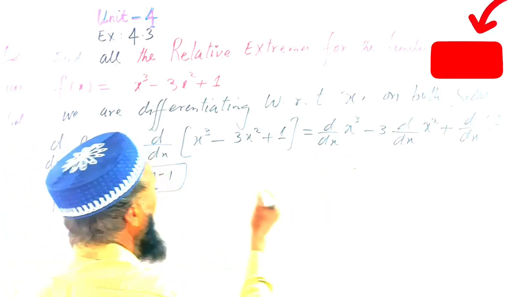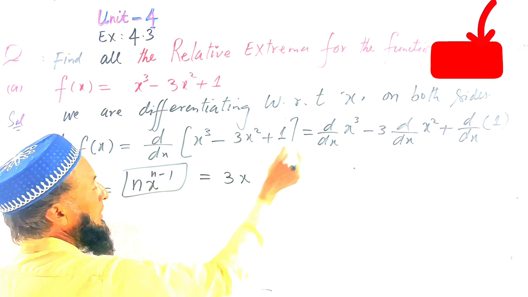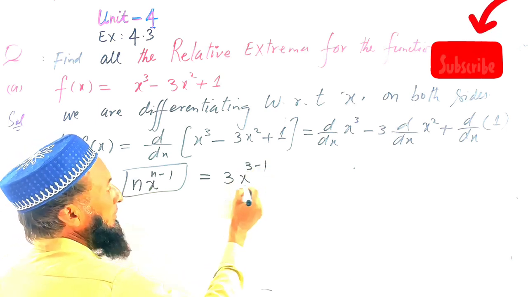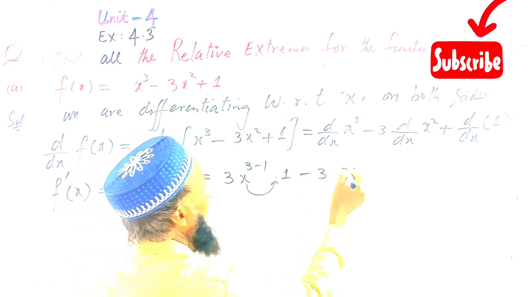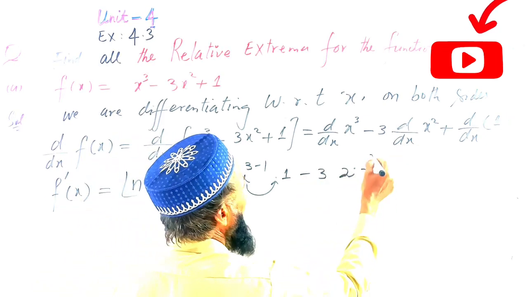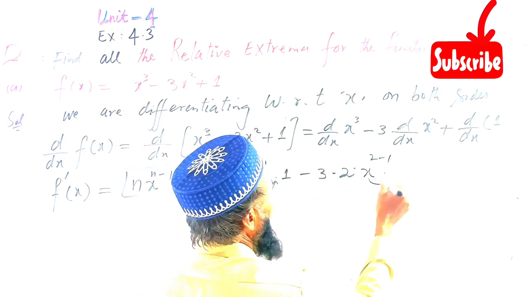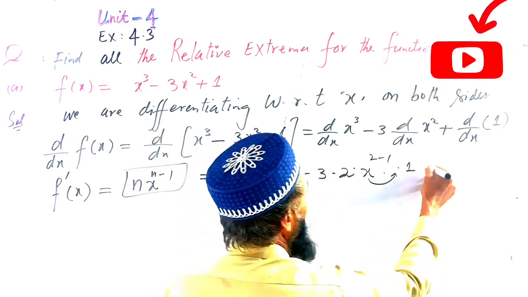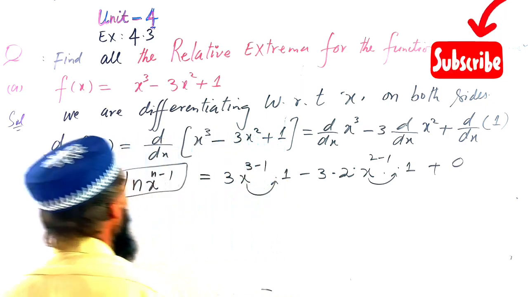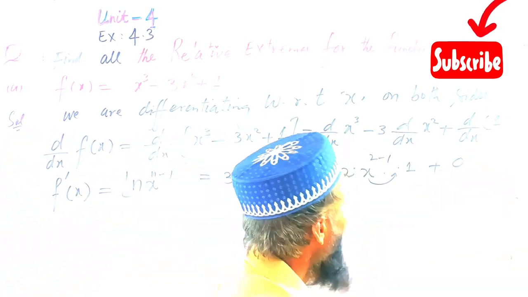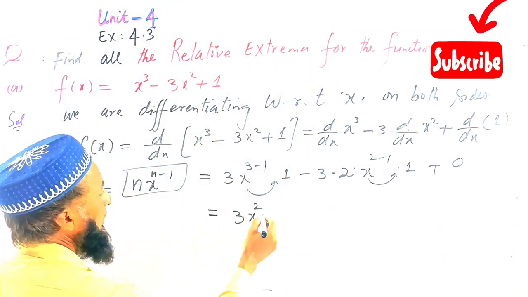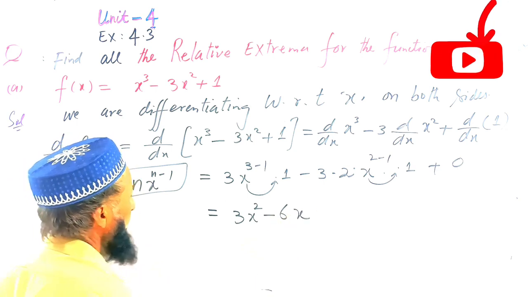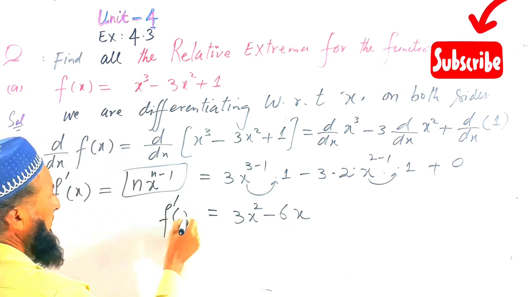Applying this rule, the derivative of x cube is 3x square, 3 minus 1. And for the derivative of this term, we get minus 3, here 2 is the power, 2x, 2 minus 1. The derivative of x is 1, and plus constant, derivative is 0. This is the rule: the derivative of any constant with respect to x is 0. Now simplify this term, we get 3x square minus 6x. This is f dash x.